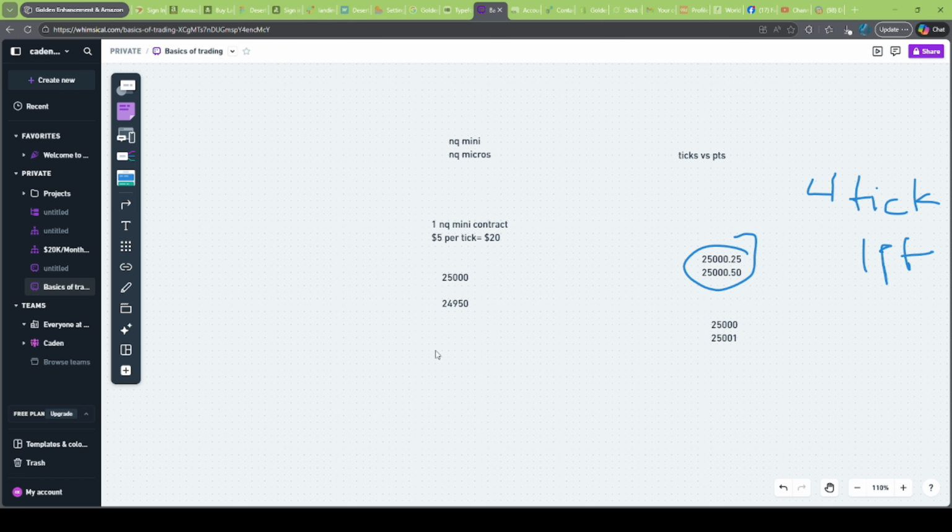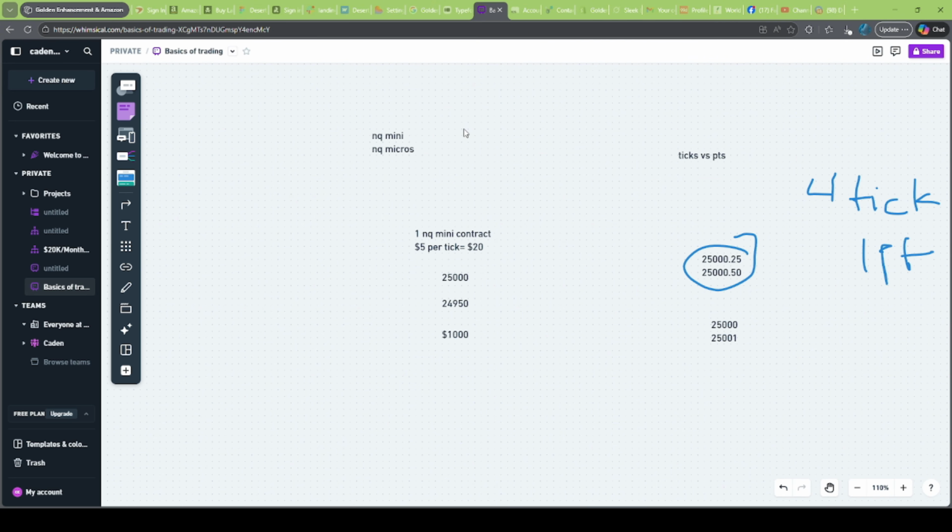So do we understand how we got the $1,000 here? Since four ticks is equal to 1 point and 1 point is equal to $20, $20 times 50 points would equal my $1,000. So now that we understand what one mini contract does, let's get into the micros.